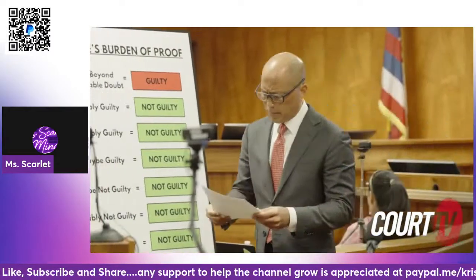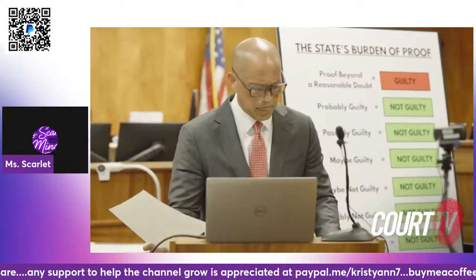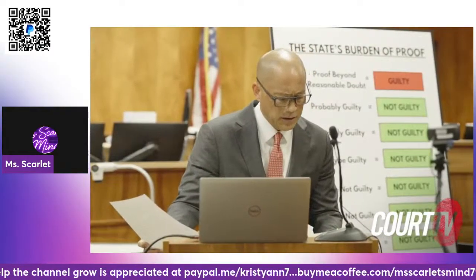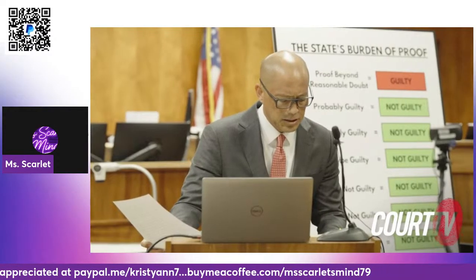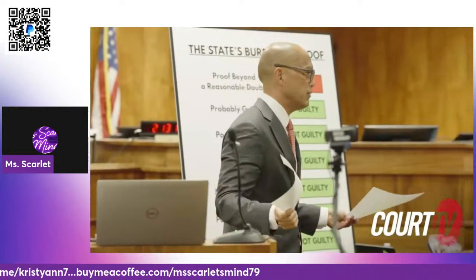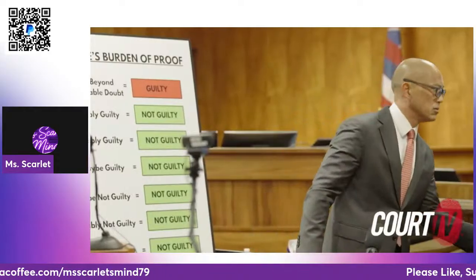The only thing it does say about it, and this is the part that was incomplete, about the duty to retreat. It says, the use of deadly force is not justifiable if the defendant knows he can avoid the necessity of using such force with complete safety by retreating. You only have to retreat if you can do so safely. She's holding on to his testicles, hitting him.